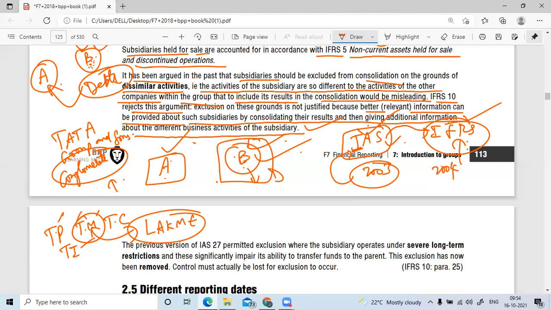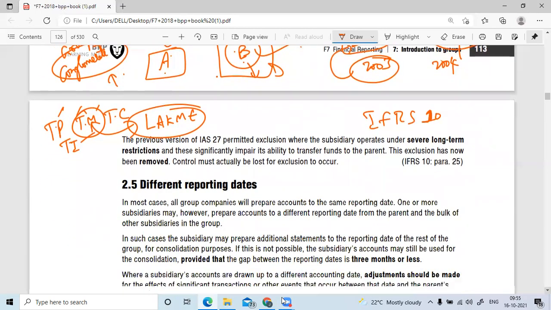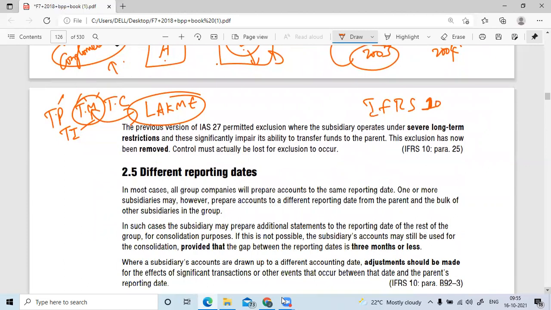Understood? So IFRS 10 is of the opinion that you should not exclude subsidiaries which have dissimilar activities, because if you do that, a better picture about the company's activities and products would not be known. If you consolidate them, it will give us a better picture about what areas and what products this company is making. Okay.